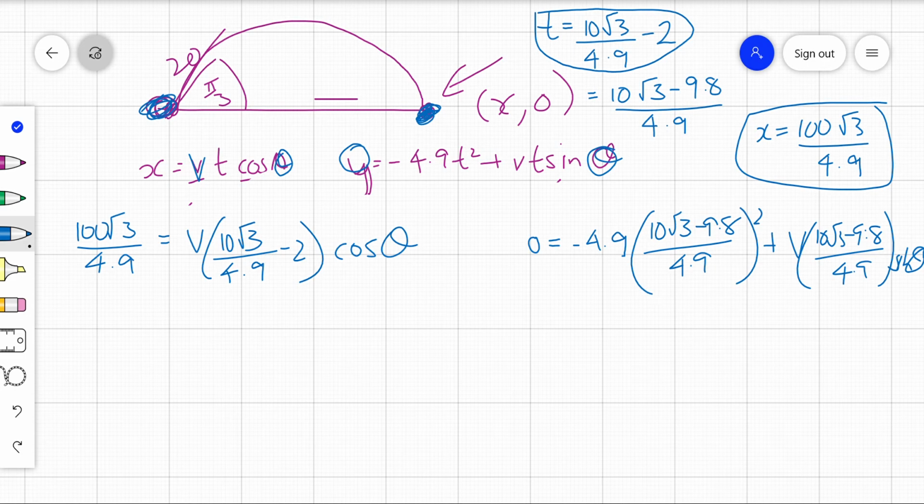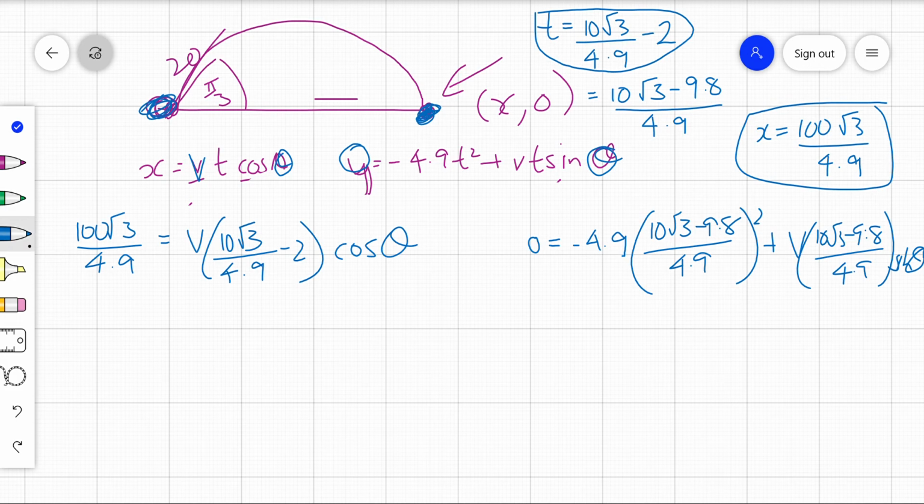Now, if you have a look, I want to put them together because I want to solve simultaneous equations where there are two unknowns. V and theta are my two unknowns. If I look carefully, I can see a nice way to do a substitution. I'll rearrange this y one first.